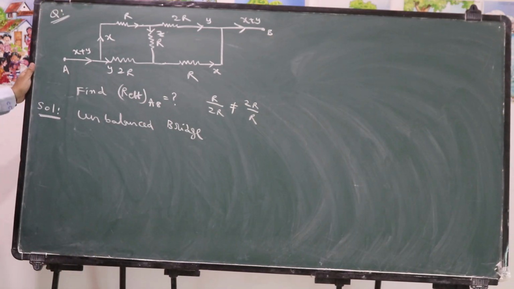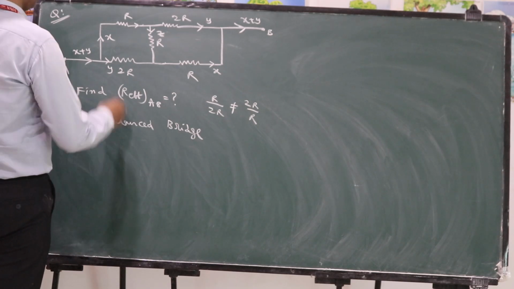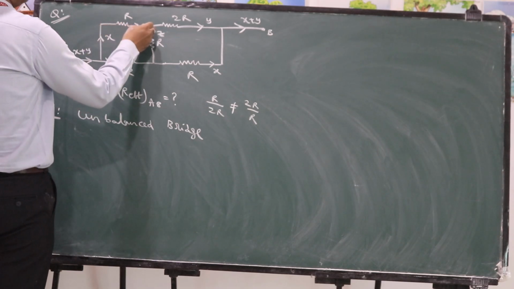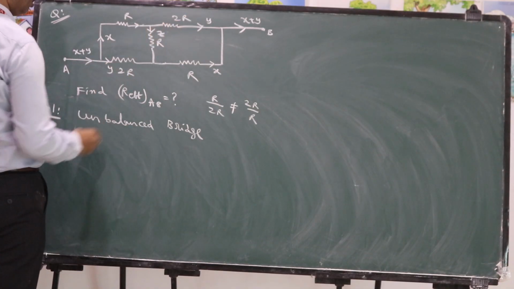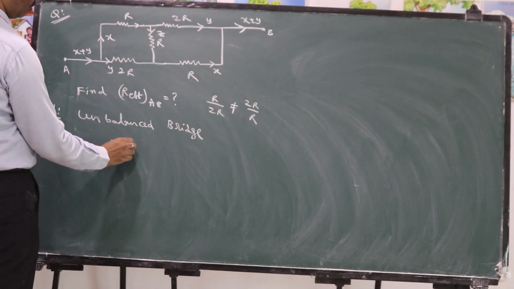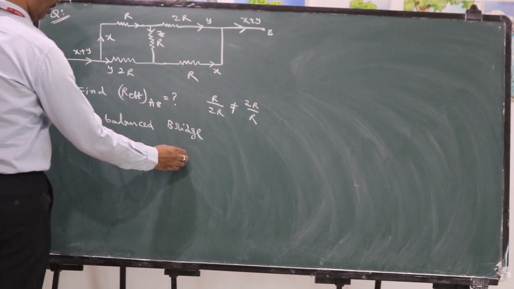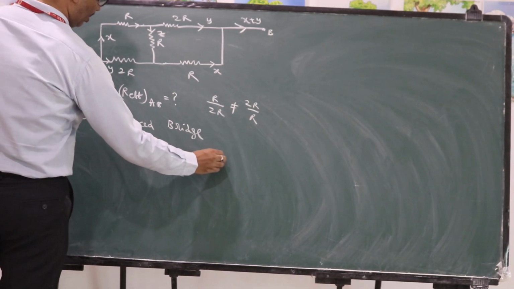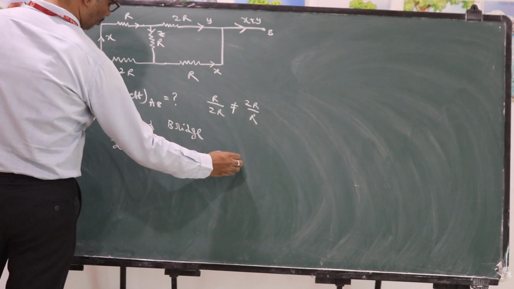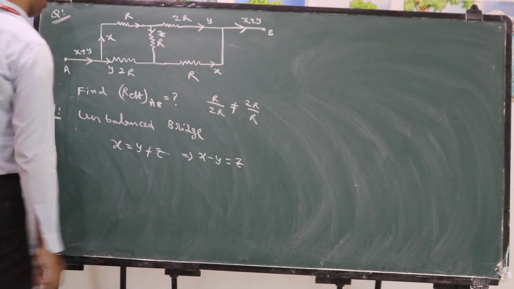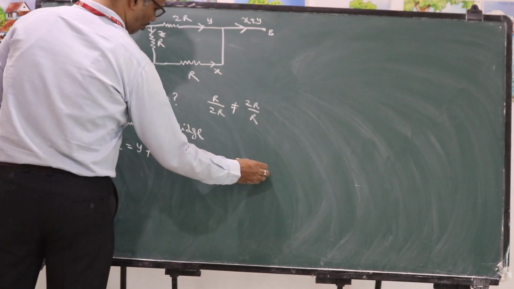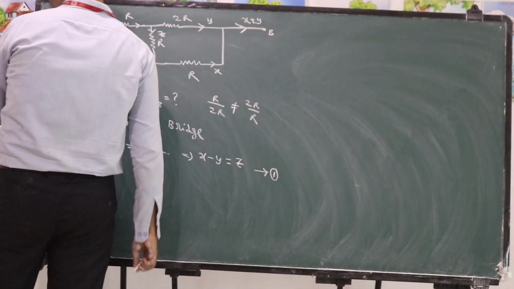You cannot apply direct Wheatstone bridge condition here. Whatever current coming X, it is dividing into Y and Z. X is equal to Y plus Z, or you can write X minus Y is equal to Z. Equation number 1.